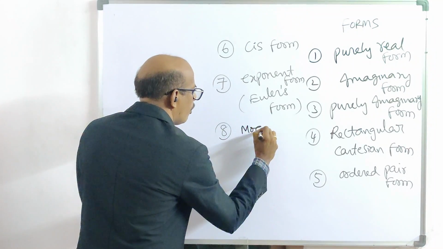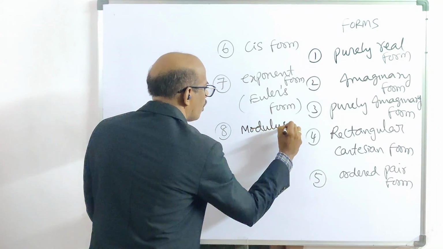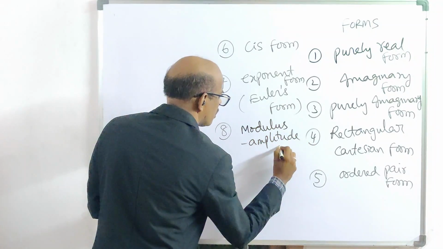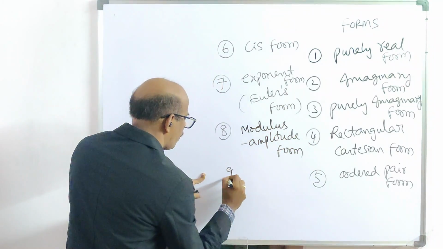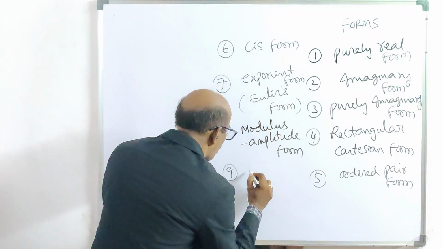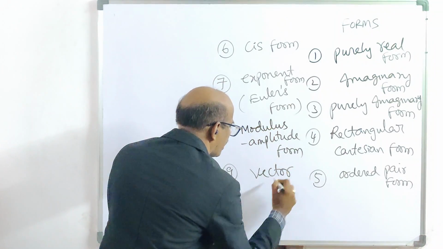Modulus amplitude form. Next, a very good form, vector form. A complex number can be represented as a vector.